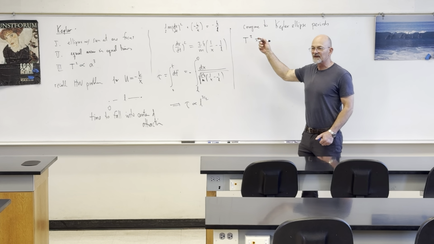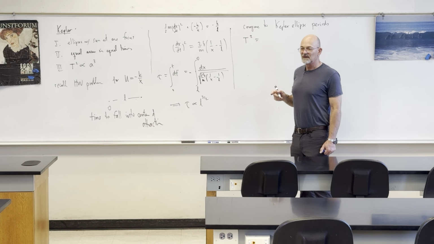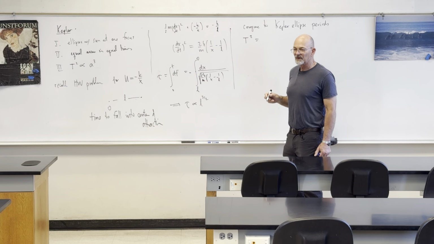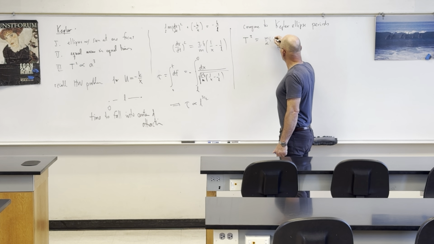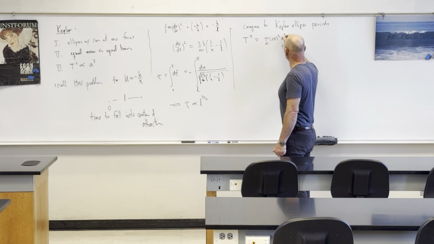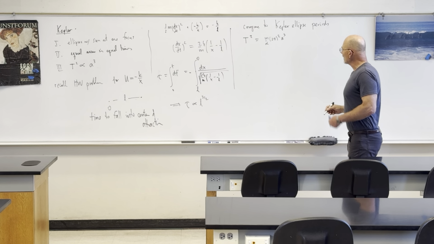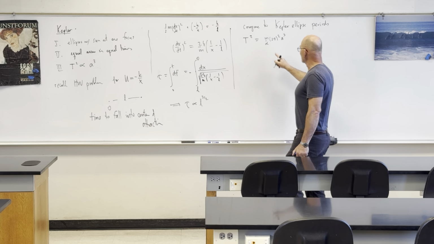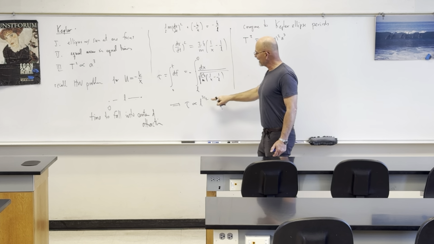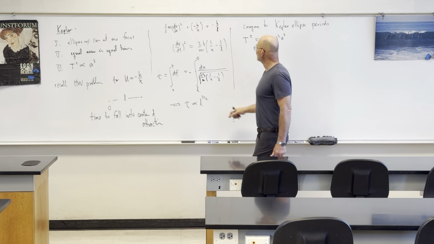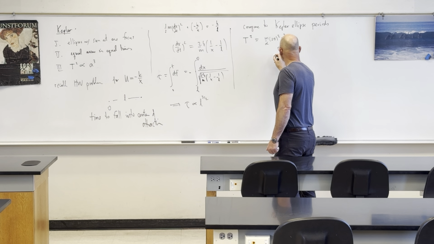What did we just have for Kepler's third law? The actual letters. M over alpha, parentheses 2 pi squared, and then A cubed? Yes. Great. So that's the period; if you take the square root of both sides, you get A to the 3/2. And here we have an L to the 3/2. So this is interesting.